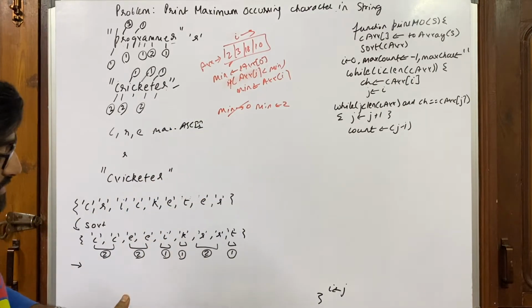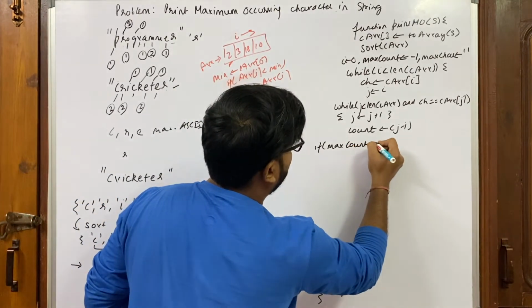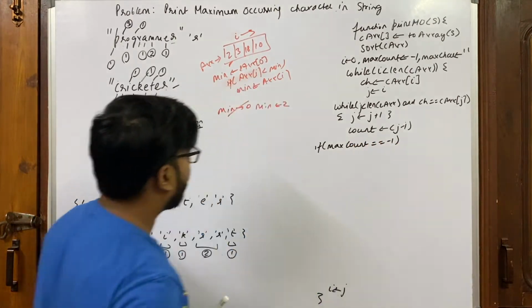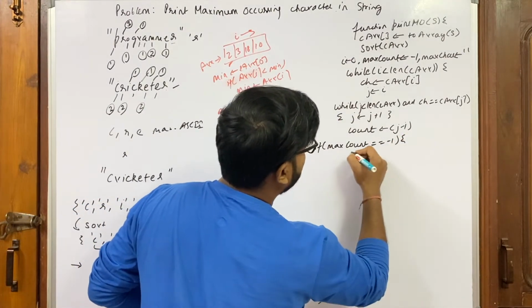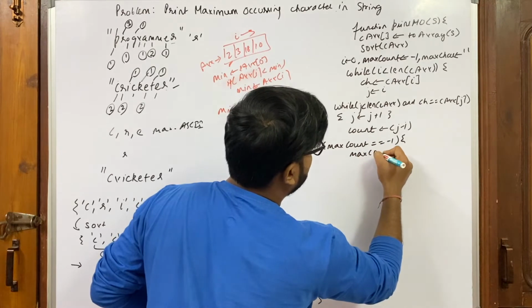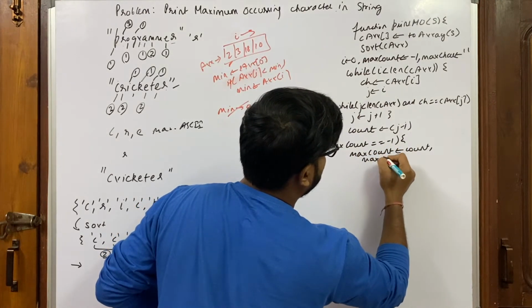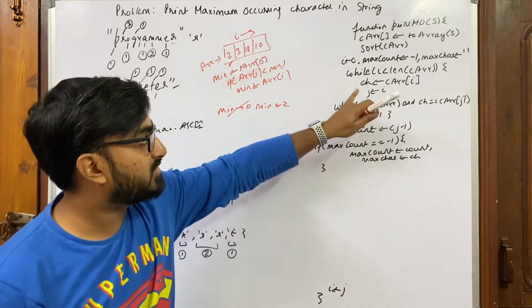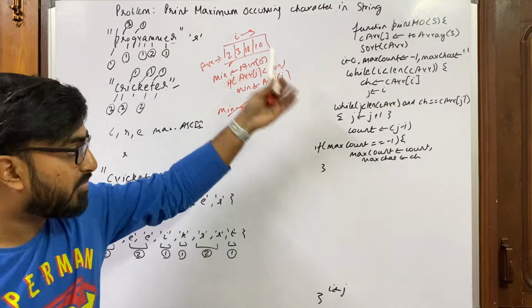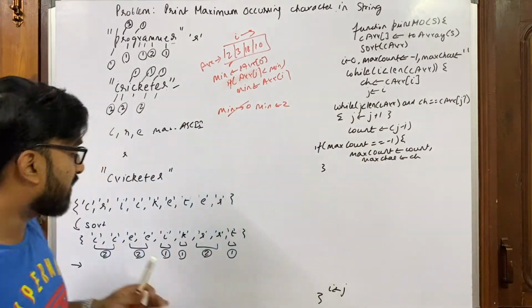Alright, so my first condition is going to be if I have max count as -1, that is I am finding the count of my first character that appears. I simply set max count to count and max char to ch. So max count now stores the count of the first character ch, and now I can compare max count with the counts of the next characters that will come in this array.